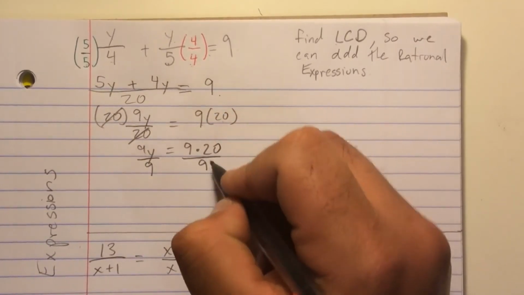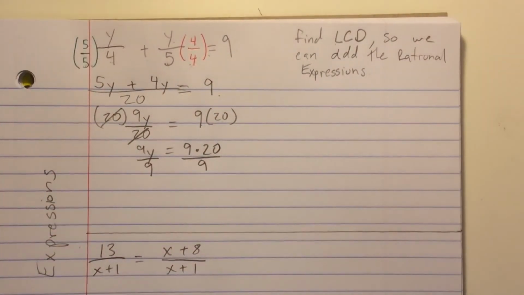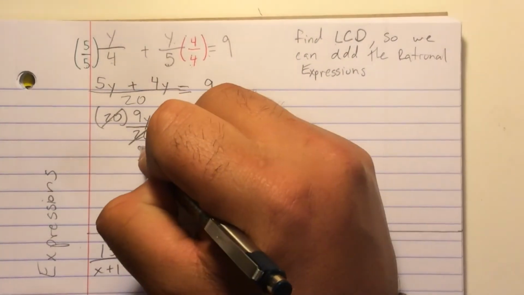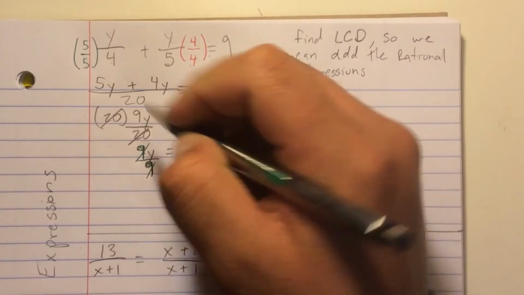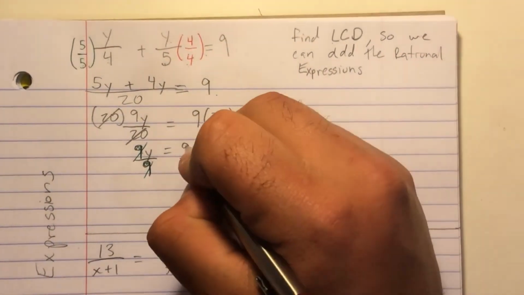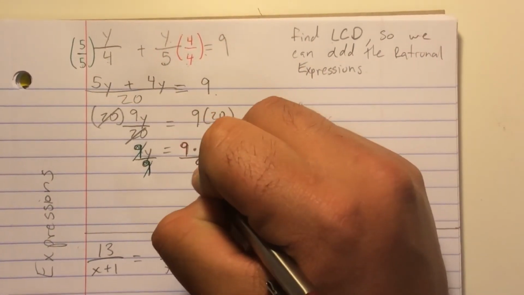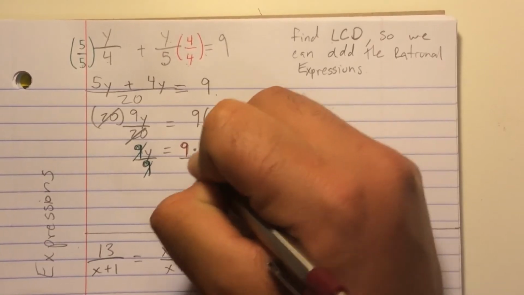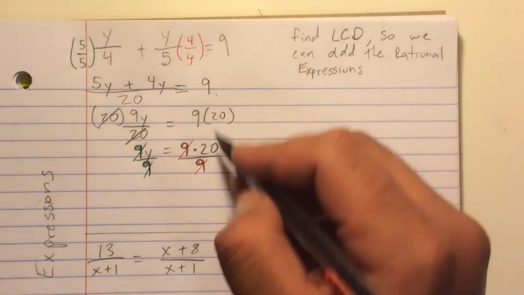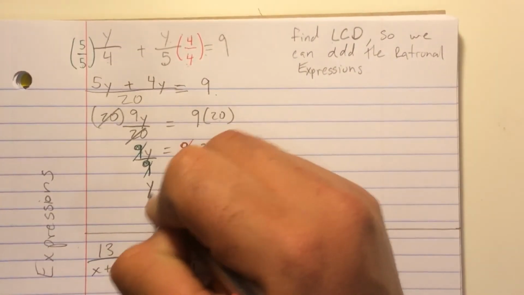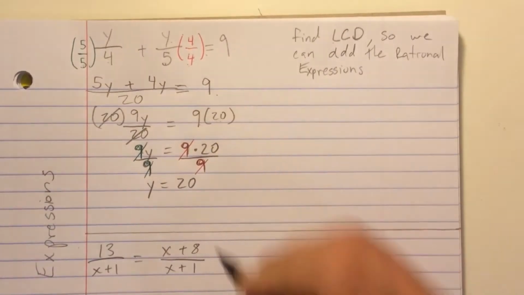If I divide by 9, that means I'm going to get common factors. We have our 9 as our common factor here, which reduces, and our 9 as a common factor here, which also reduces. Nothing ever cancels or crosses out. So then we're left with our answer, y equals 20.